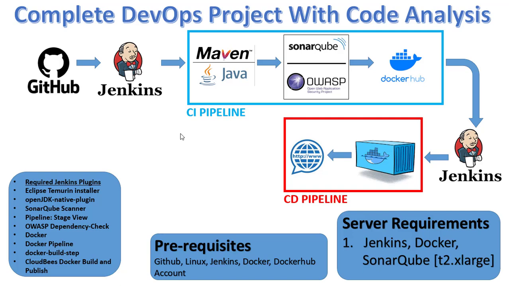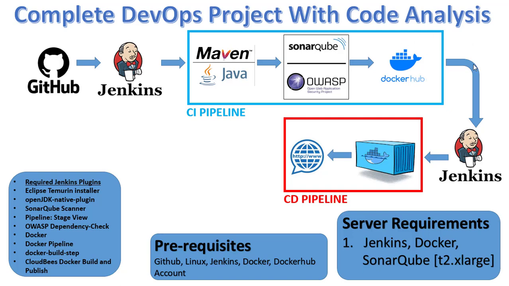Next, after analyzing, we will check using OWASP, and then create or build the project using Maven. And after building that, I will create an image using Docker and push that image to Docker Hub.